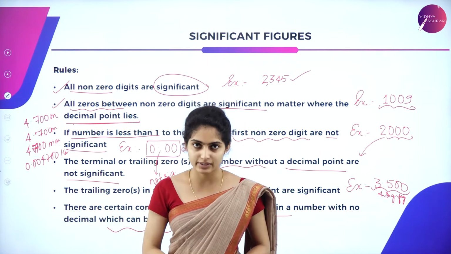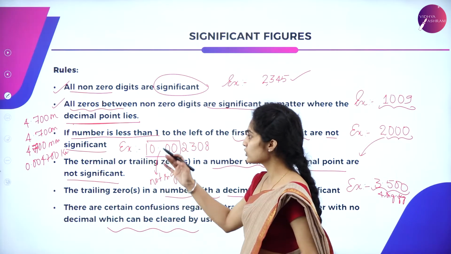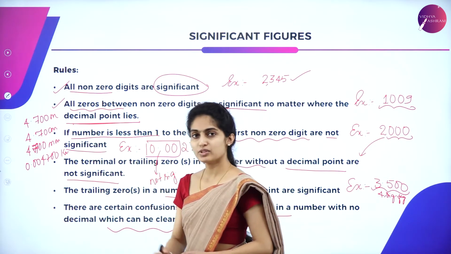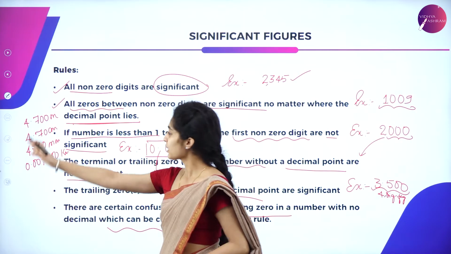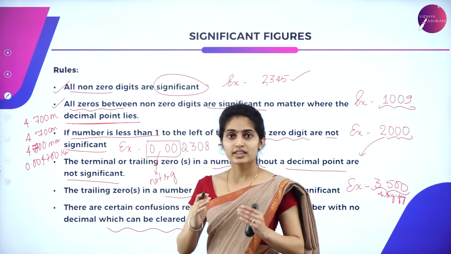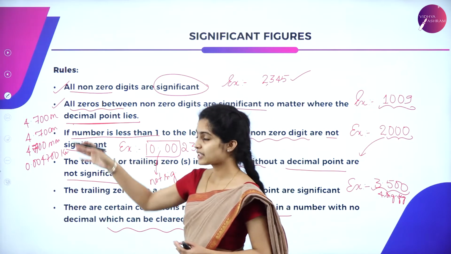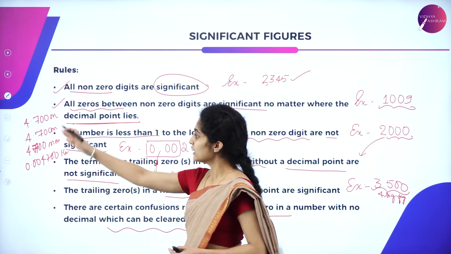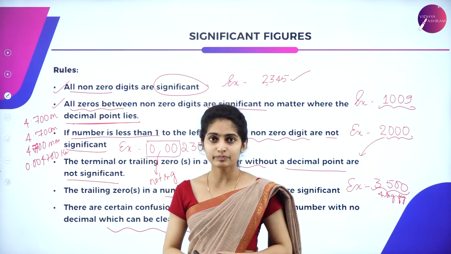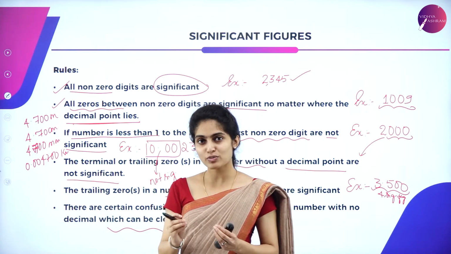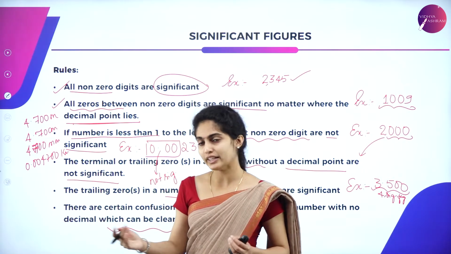This is how it becomes. So what are you supposed to do? 4.700, same number, but with different units, it seems to have different significant figures. But these are all one measurement, one measured value.